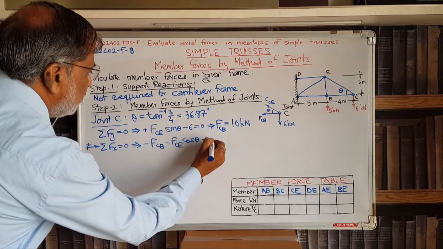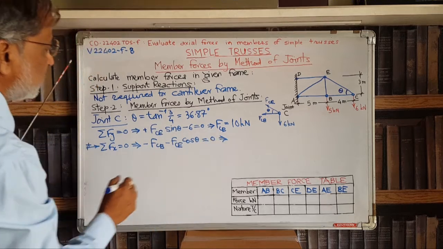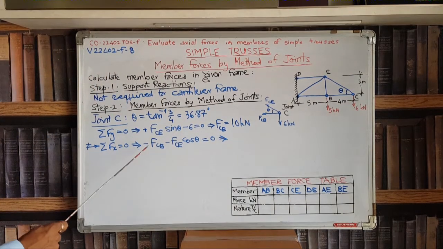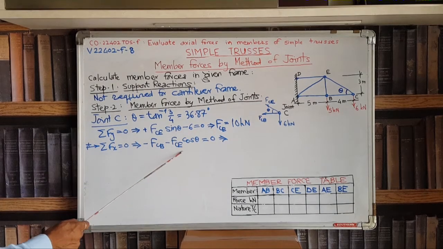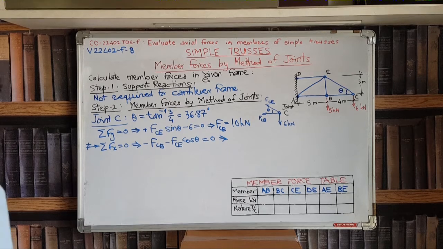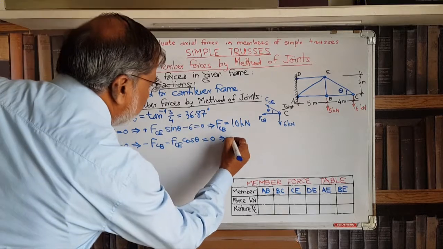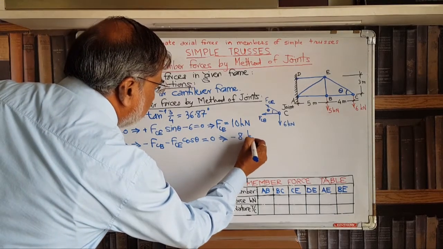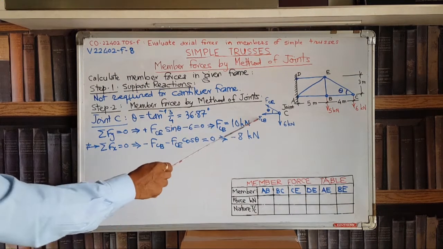The 6 kN force will not have any x component because it is already in y direction. So in this equation, we will put the value of FCE equal to 10 kN and we can calculate FCB as minus 8 kN.